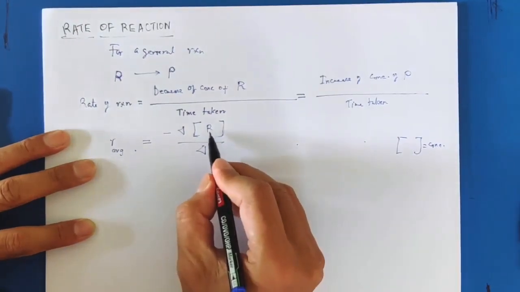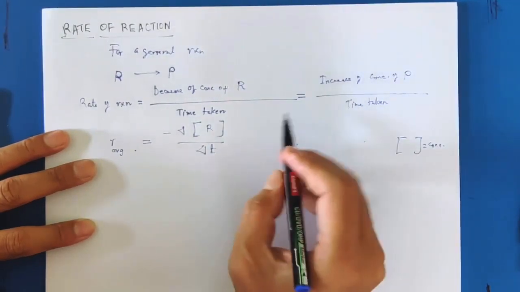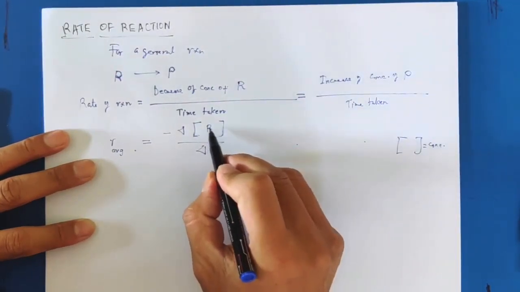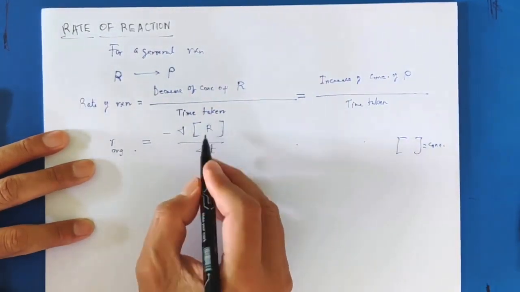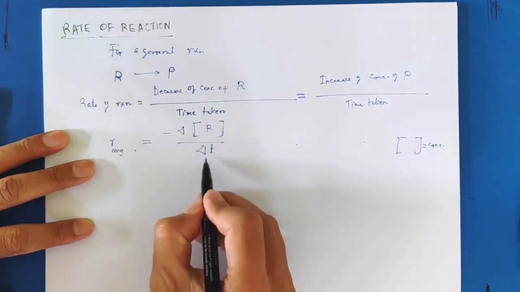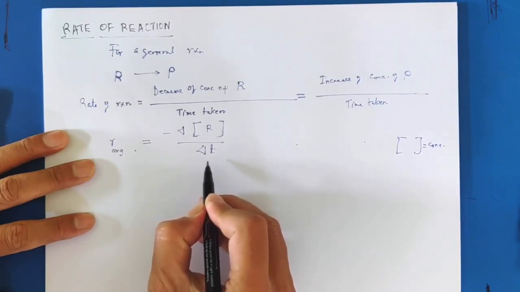So it is minus delta R divided by delta t, for example from t equal to 0 to t equal to 5, so delta t is 5 minus 0.